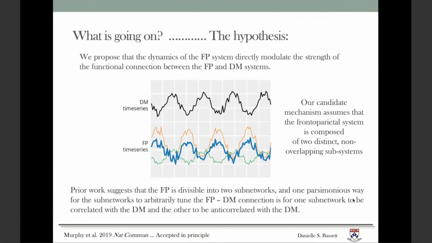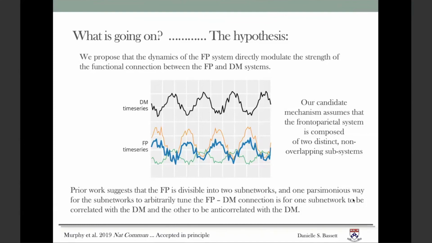So our candidate mechanism assumes that this frontal parietal system is composed of two systems. I'll call them the orange and the green. They're non-overlapping spatially. And we suggest that they are separately tuning the strength of the connectivity between the frontal parietal system and the default mode system, such that when one of these networks is more active, that tunes the connectivity one way, and when the other subnetwork is active, it tunes the connectivity the other way.